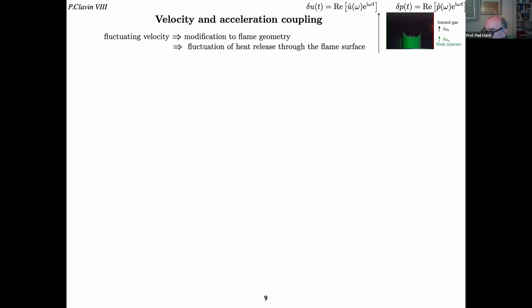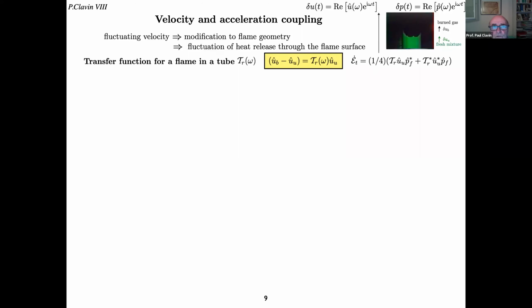If the flame surface is fluctuating with the pressure, with the velocity, now you are going to make the delta U fluctuating with the velocity.